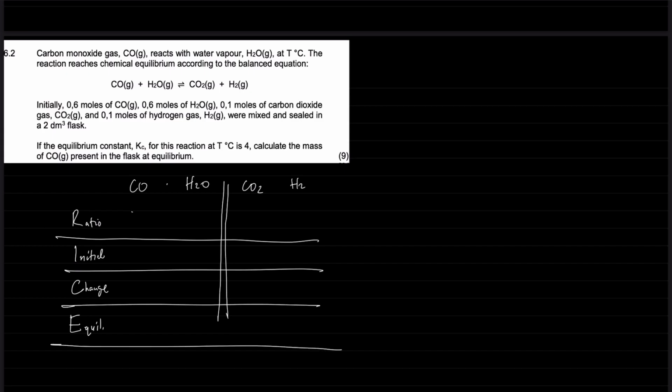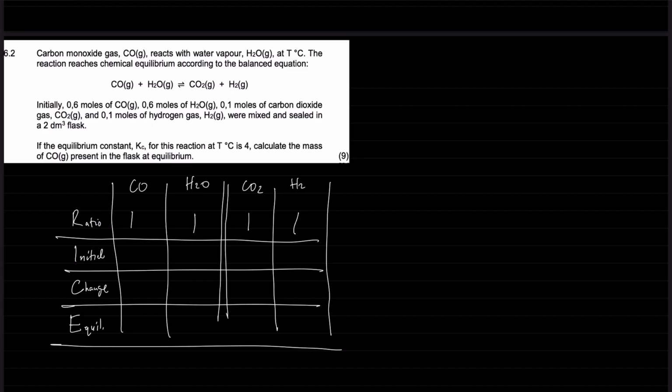When we talk about ratio, we are talking about the coefficients of these compounds. In the balanced reaction they give us, you can see that it's all 1 to 1 to 1 to 1. Initial represents how much was added at the beginning.